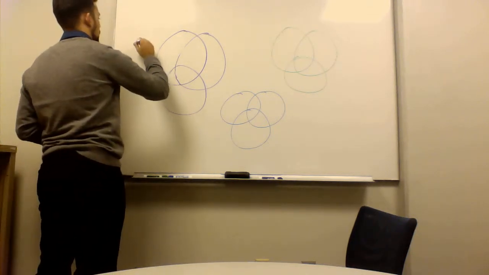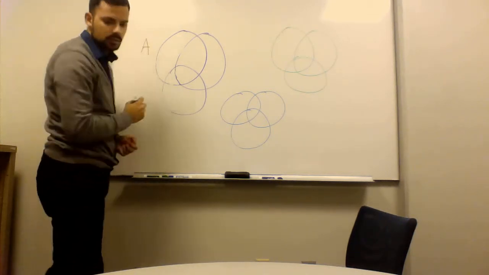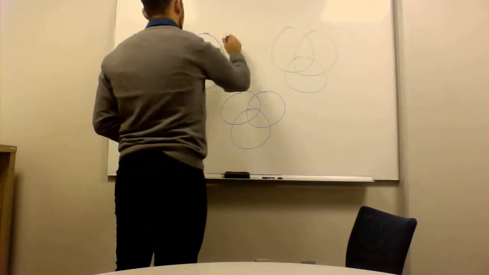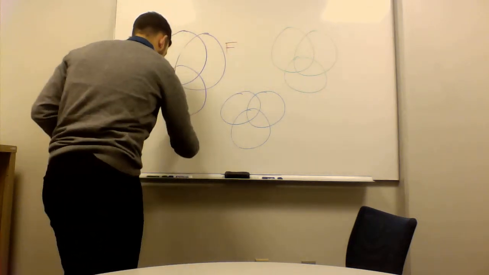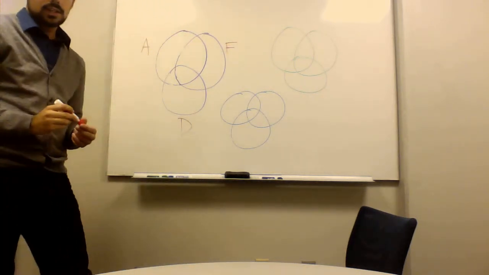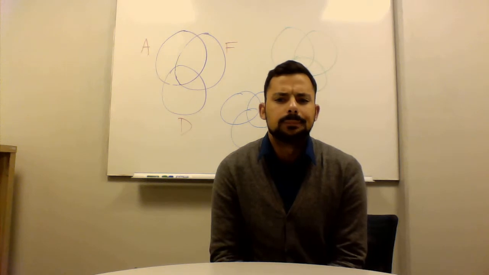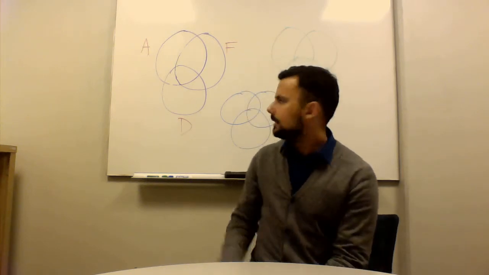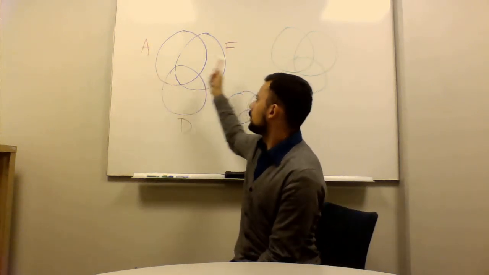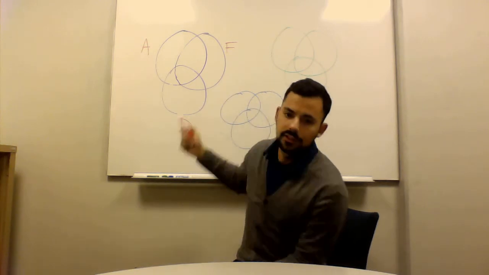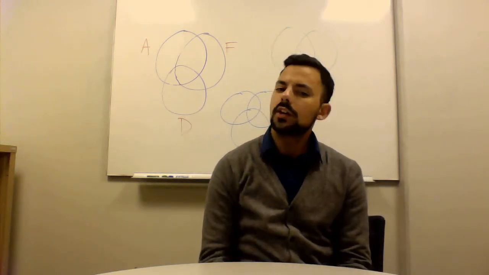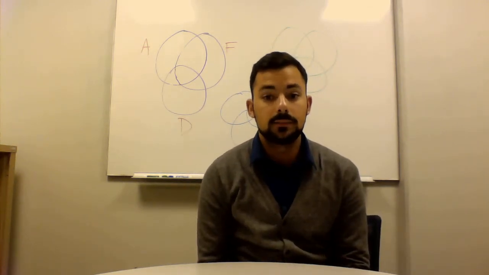Let's label this circle A, this circle F, and this circle D. One quick note that somebody brought up during the week: the text may say to make this circle your major term, this your minor term, this your middle term. As long as you label them, it doesn't necessarily matter.